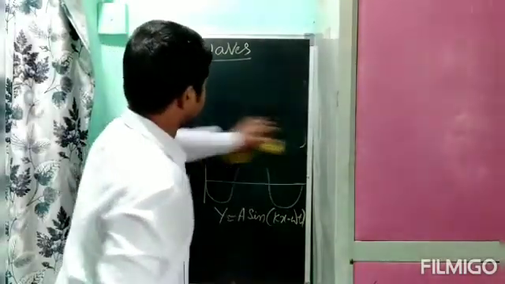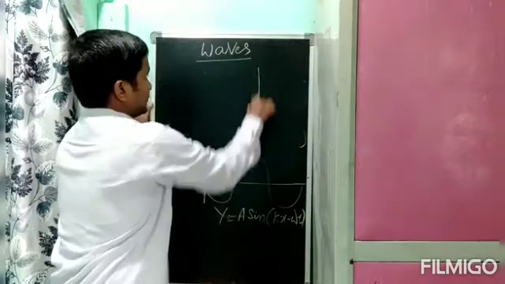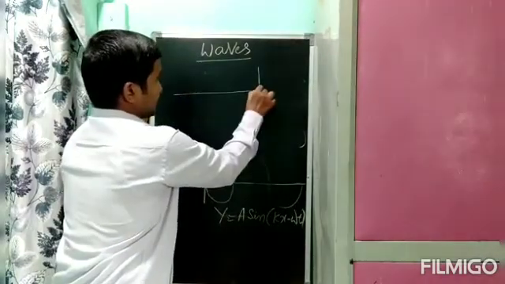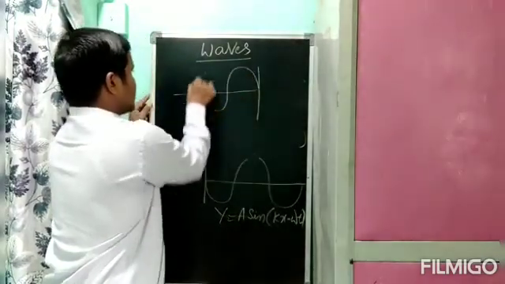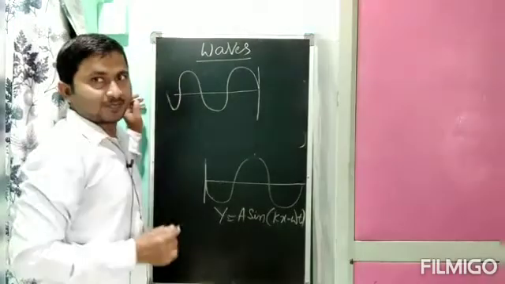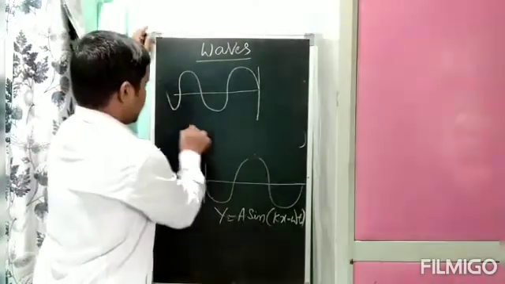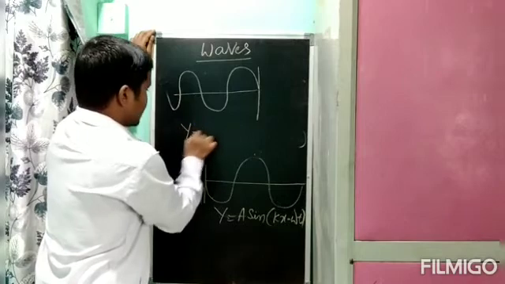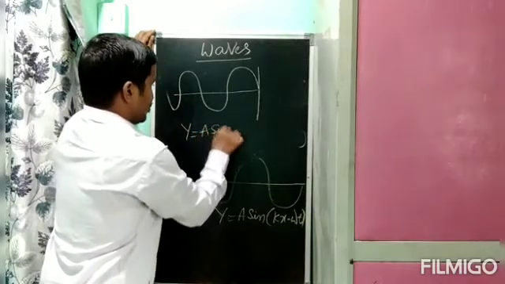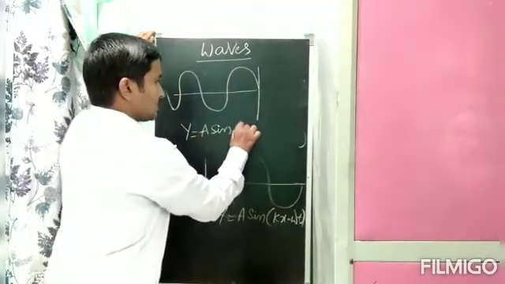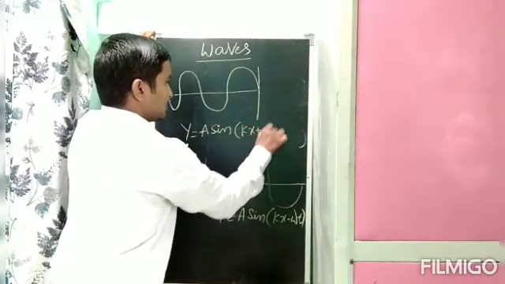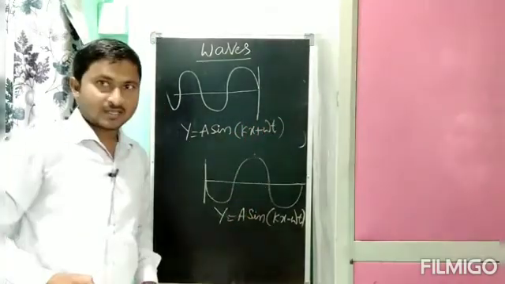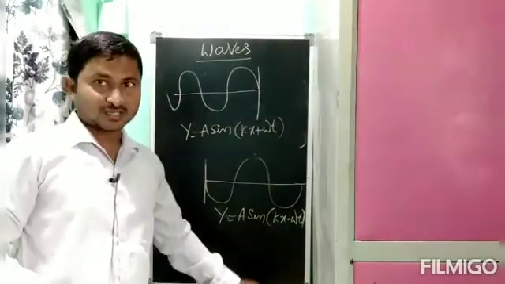Similarly, if a wave starts with a crest and moves towards the negative x direction, then the wave equation is given by y = a sin(ωt + kx), or kx + ωt. These are the equations of a progressive wave.